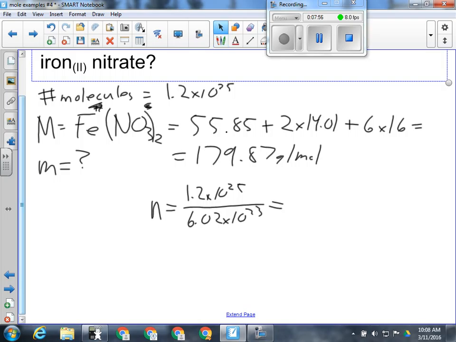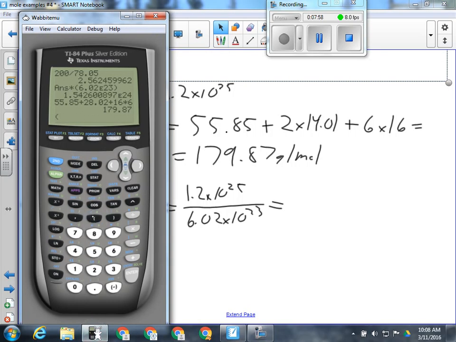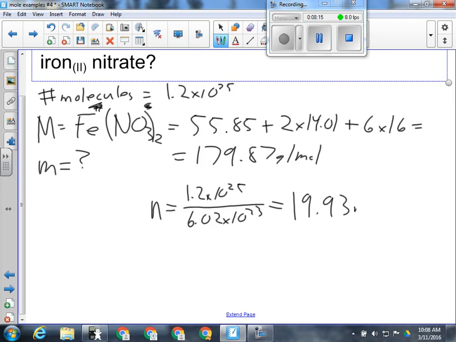So we'll have 1.2 E25 divided by Avogadro's number, which gives 19.93 moles. I'm keeping all those decimals; I'm not getting rid of those at any point here.